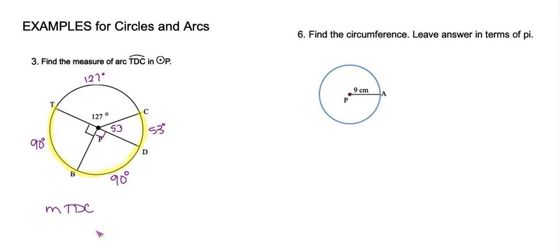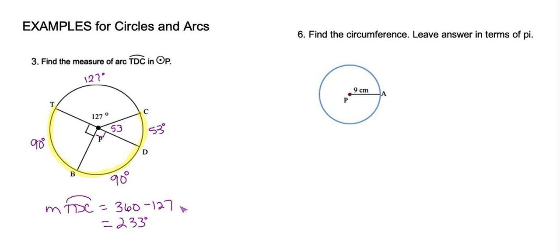The measure of arc TDC, you could do it one of two ways. It is everything but that 127. So you could say that it's 360 minus the 127, and that's going to give you 233 degrees. Or you could add up the ones that make up that arc TDC.